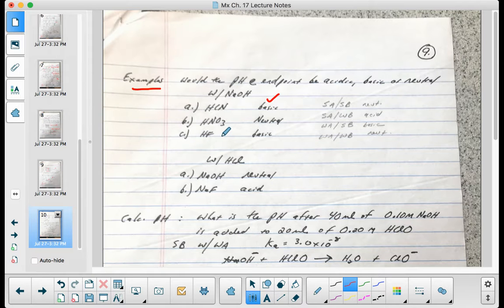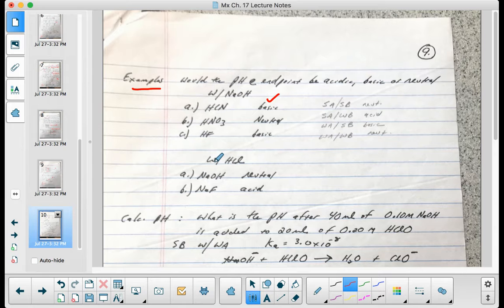And so whenever you have a strong base with a weak acid, the equivalence point will be around 8 because of the presence of the conjugate base that keeps the pH at the equivalence point a little bit higher. And so here I just put some quick little notes here. So you really need to know if the acid is strong or weak before you can make this broad assessment about acidic, basic, or neutral.